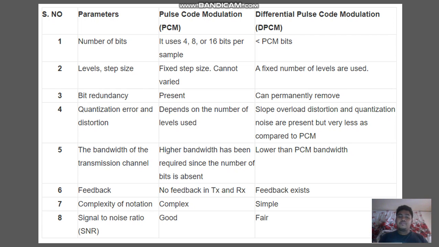For the bandwidth of the transmission channel, PCM requires higher bandwidth since the number of bits is high. DPCM requires lower bandwidth than PCM. On feedback, PCM has no feedback in the transmitter and receiver, while in DPCM feedback exists. In complexity of notation, PCM is complex and DPCM is simple. In SNR, or signal to noise ratio, PCM is good and DPCM is only fair.